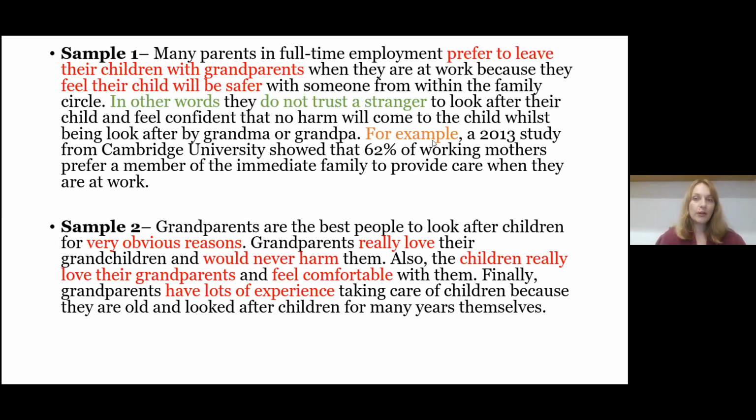And here we also have the example with the statistics, which I will make a point on later, because I don't think that statistics is suitable for First Certificate or Advanced, Cambridge Advanced or Cambridge Proficiency, or even IELTS.